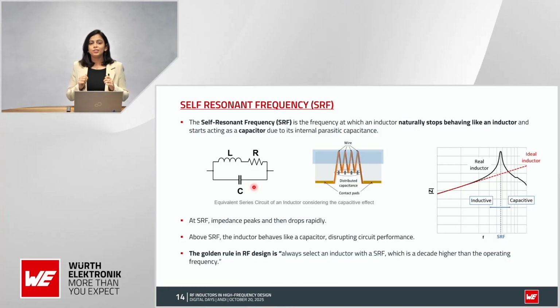So choosing the self-resonant frequency is a very, very important criterion for inductor selection. And the golden rule in RF design is always and always select an inductor with an SRF which is a decade higher than the operating frequency.